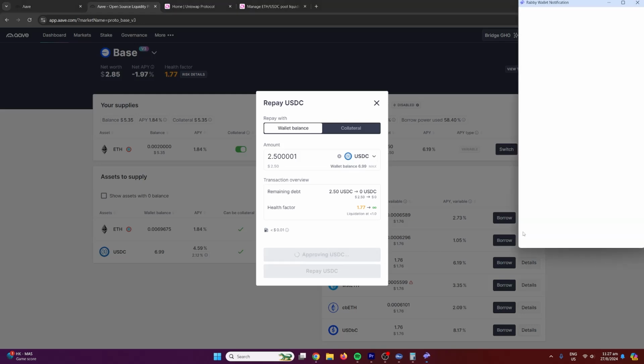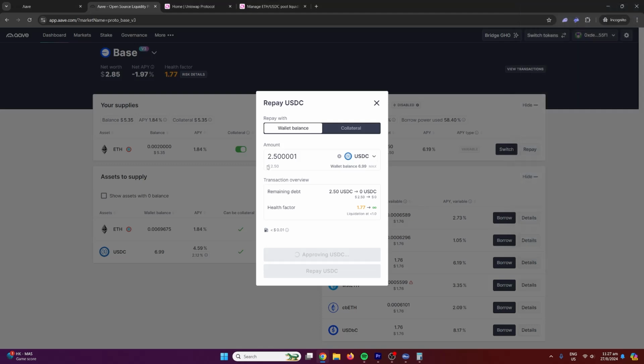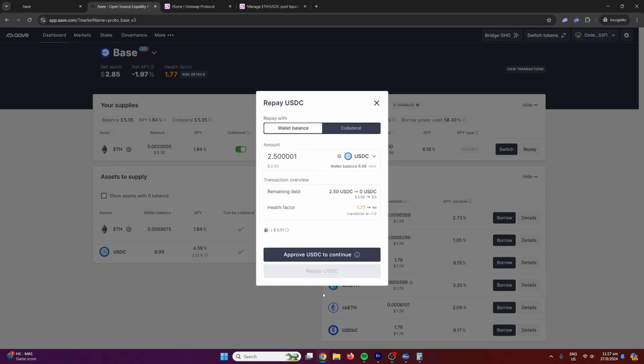You need to approve the token. Oftentimes when you find your LTV is getting too high, too close for comfort, you can repay a little bit of your borrowed asset to reduce the LTV and prevent your position from getting liquidated.